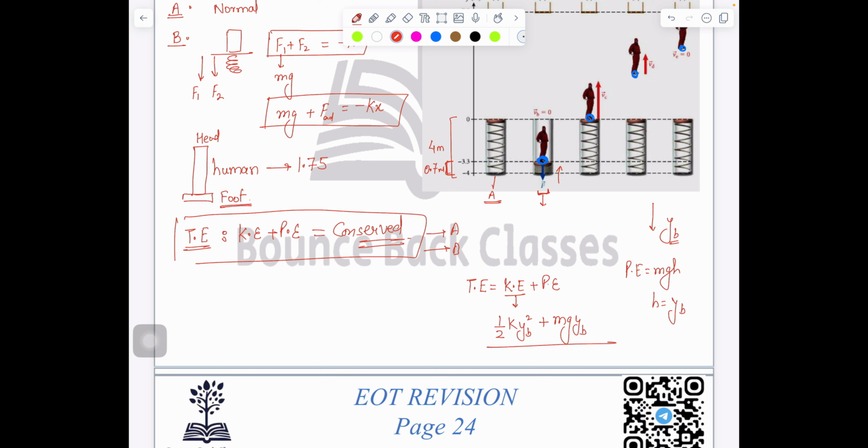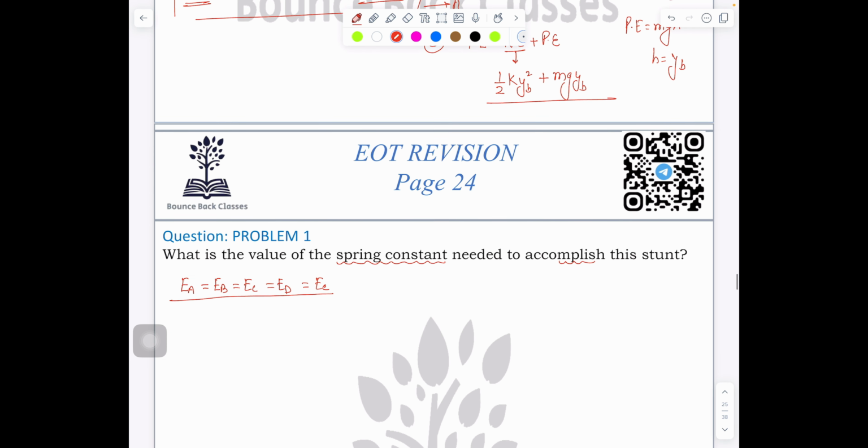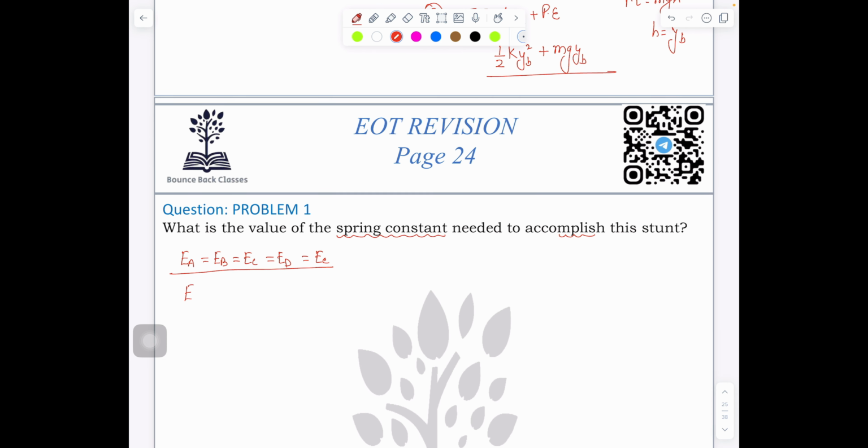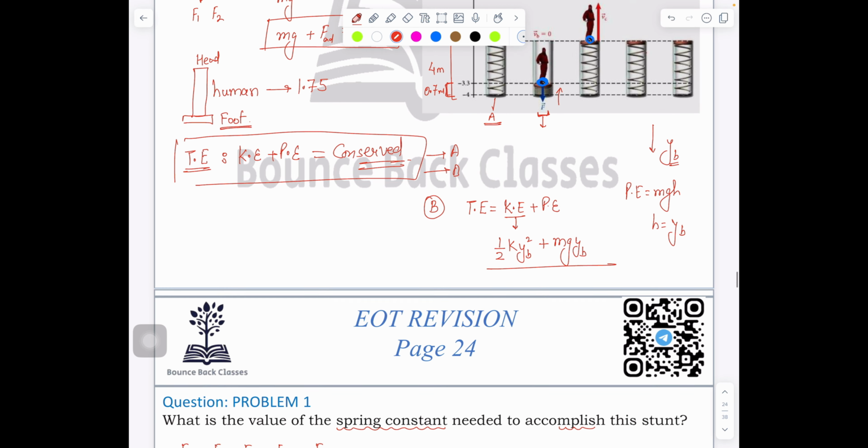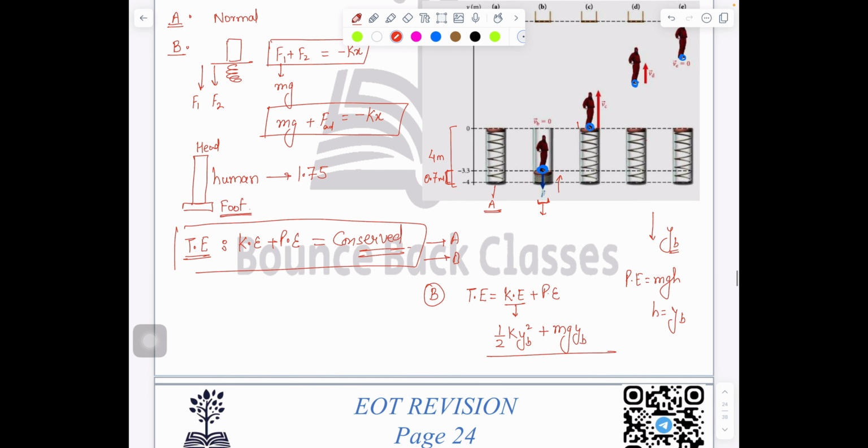So this is the total energy at position B. Fine? Write down here. So energy at position B is half k yb square plus mgyb.